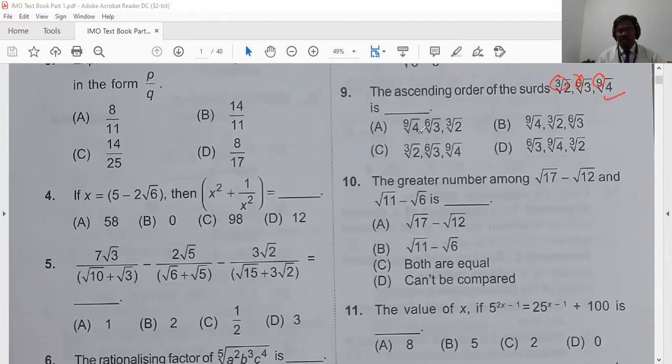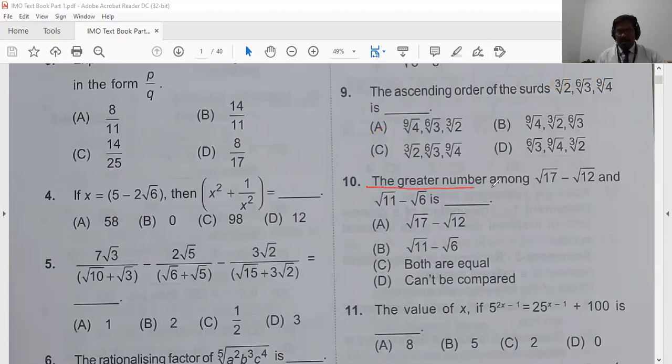So the smallest is the 9th root, then the 6th root, and the cube root. I think this is the correct answer. Please check that this one is correct or not.